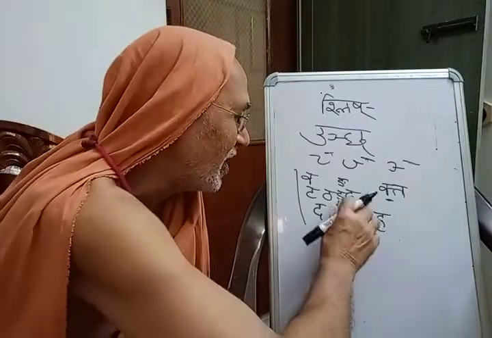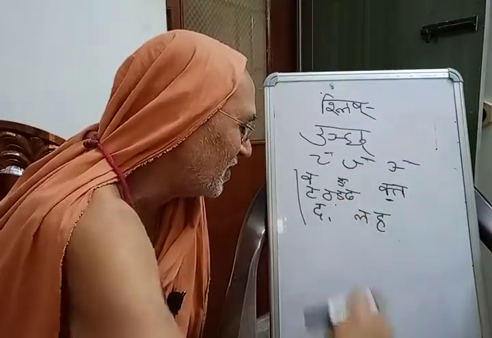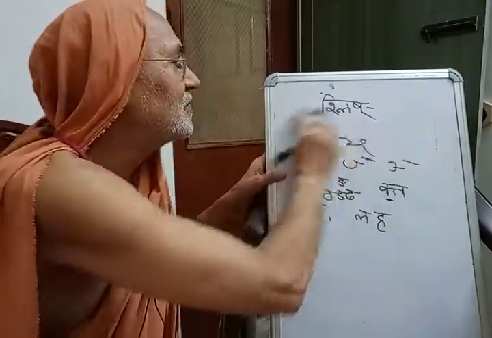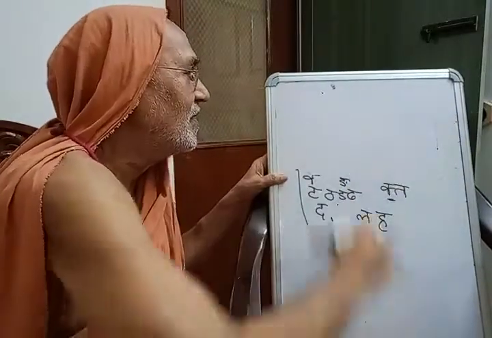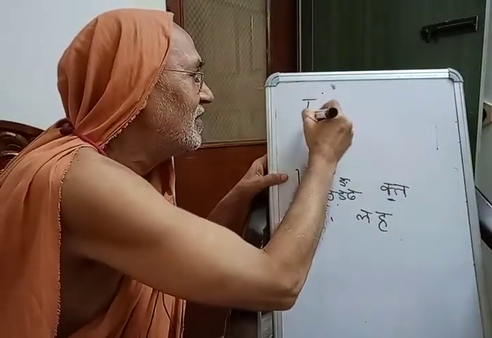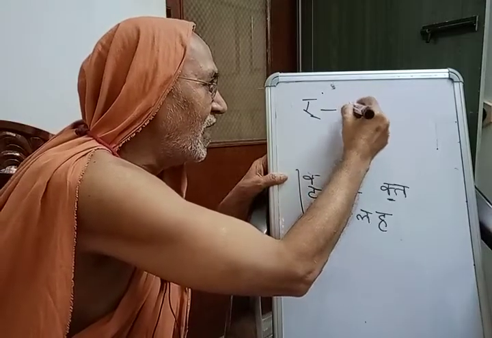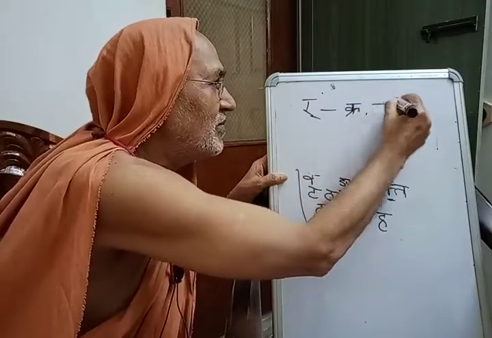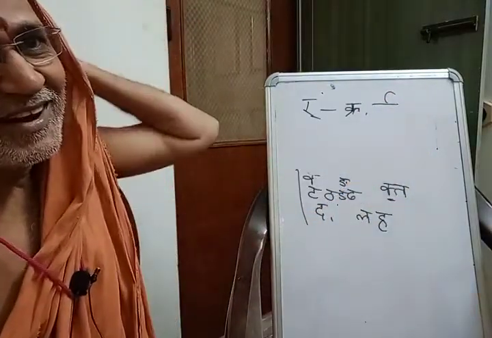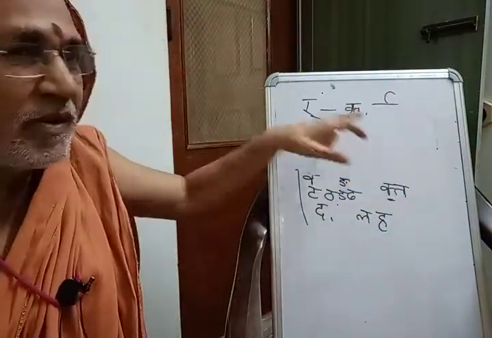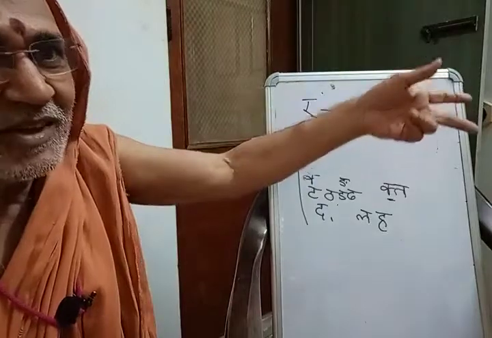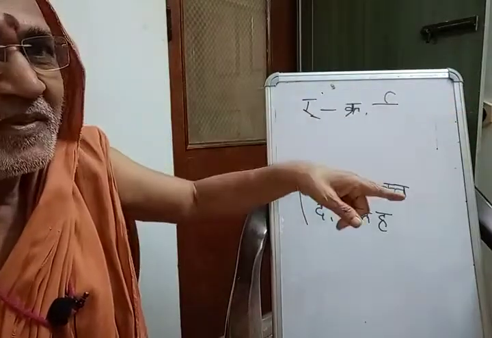Ra, of course, ra has got two forms, you must have seen, in vattus. This ra has got two ways. One is either you use it down like in chakra, or sometimes you use it over, as in arka. If ra is pronounced first and ka comes later, then you put it up.